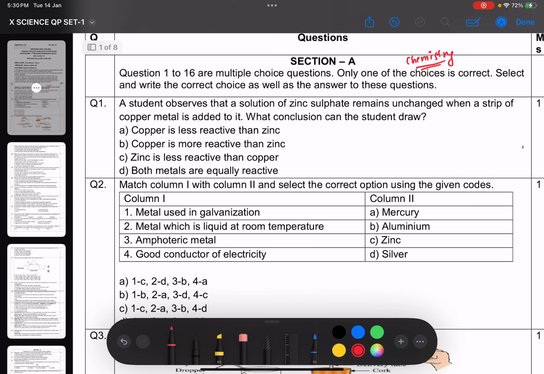So let's start with the first question, which says a student observes that a solution of zinc sulfate remains unchanged when a strip of copper metal is added to it. So what conclusion can be drawn?